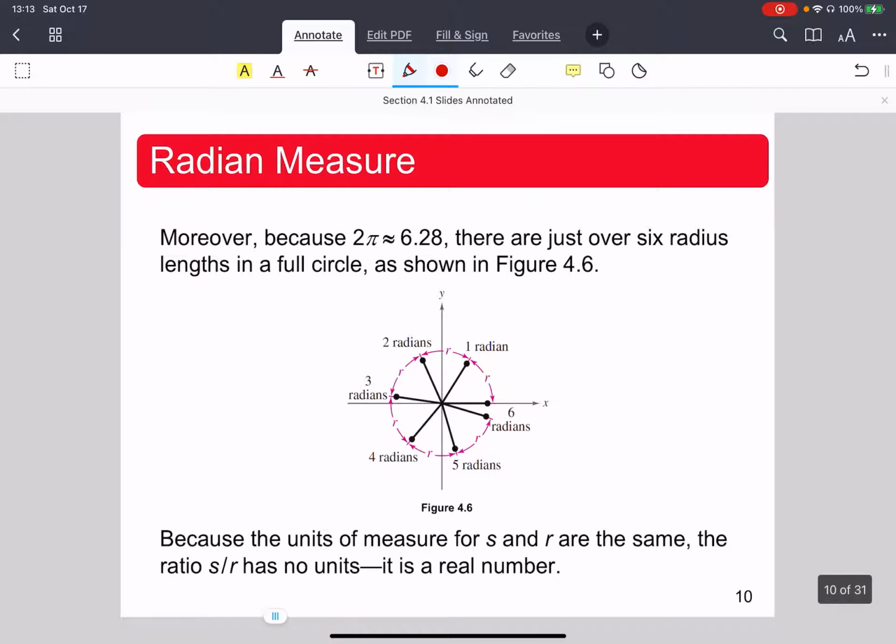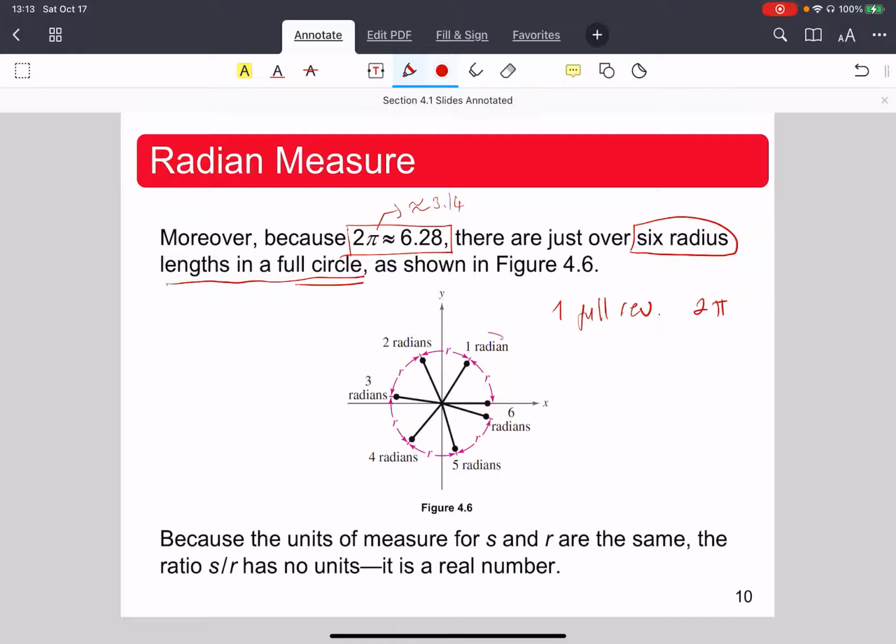Because we know one full rotation, one full revolution, I would say, is 2 pi, and because pi is approximately 3.14, 2 pi is around 6.28. What that would imply is that we can only create around 6 radius lengths in a full circle.